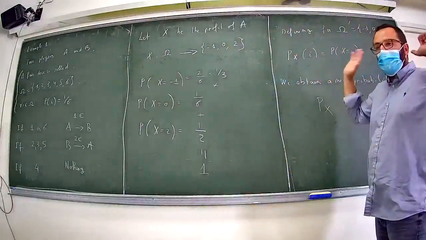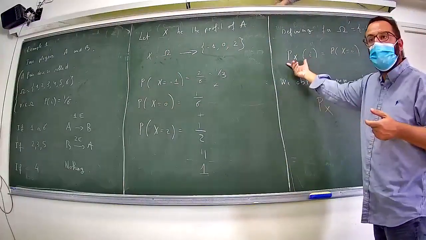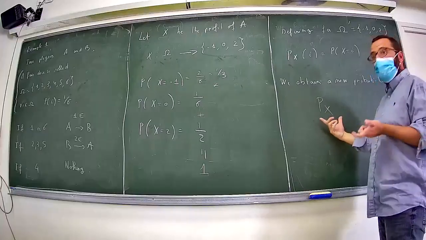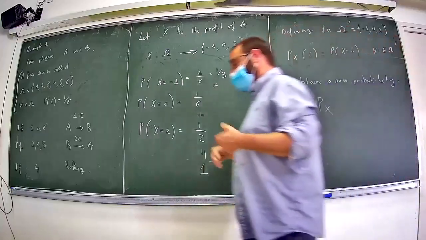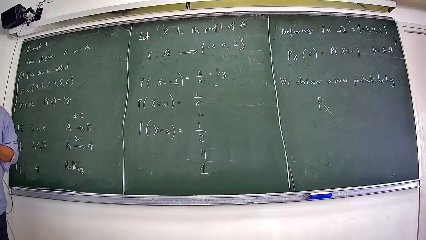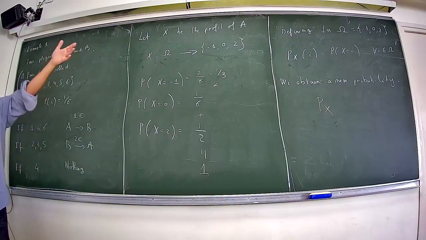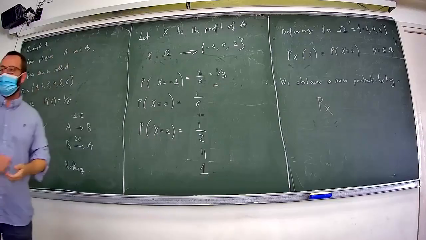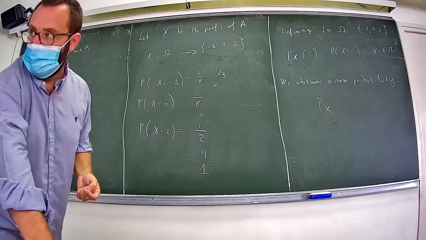I give it a name, for the moment, whatever, I call it P of X, and I obtain a new probability. Later on, X will be a random variable, P of X will be the distribution of X. But it will be defined, I repeat, properly in a few minutes. That's just a little example.